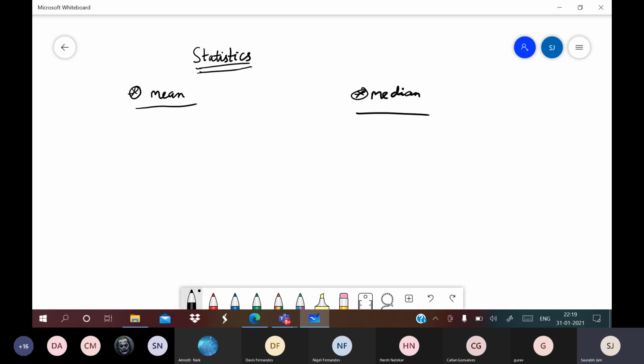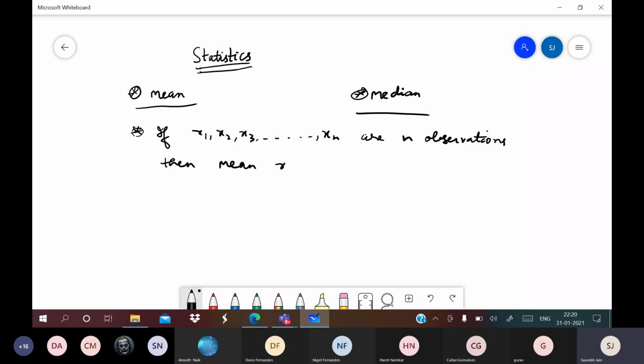Now if x1, x2, x3 up to xn are n observations, then how do we write the mean?